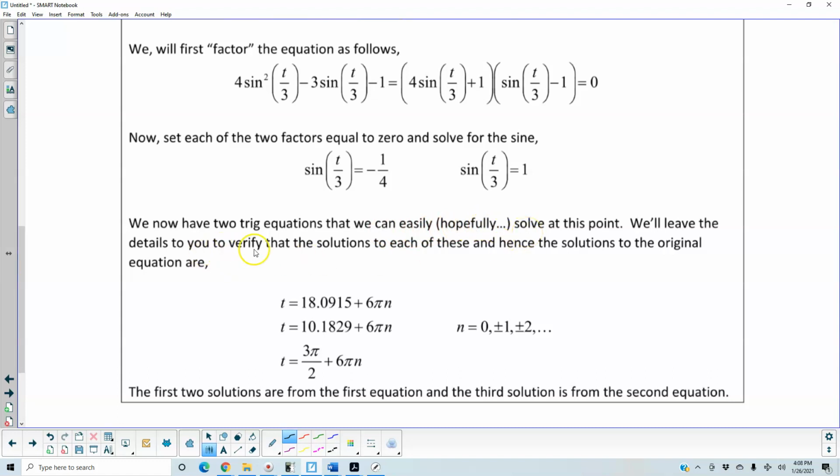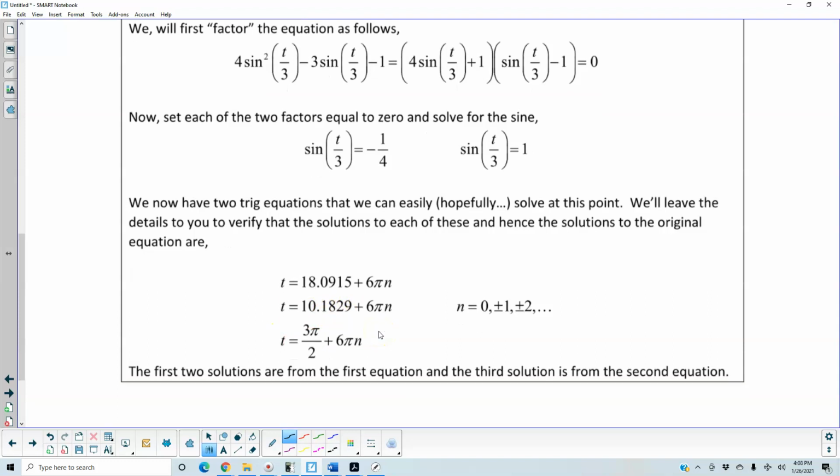We'll leave the details to you to verify that the solutions to each of these, and hence the solutions to the original equation, are t, which is equal to 18.0915 plus 6 pi n, t is equal to 10.1829 plus 6 pi n, and t is equal to 3 pi over 2 plus 6 pi n. The first two solutions are from the first equation, and the third is from the second equation.